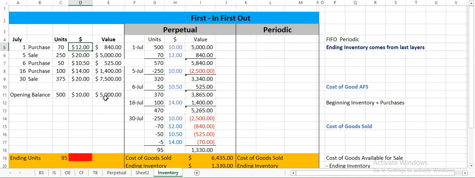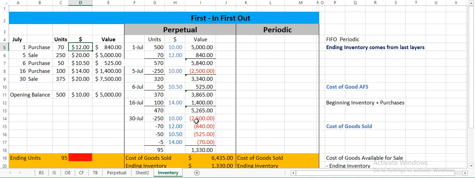And so therefore, the calculation of the ending inventory in this instance is going to be based on the last layers, times the amount that's outstanding, the amount of inventory that's available, or ending inventory, times the value of that last layer or the last set of layers. In this instance, what we'll find is that there's only one layer that's left.